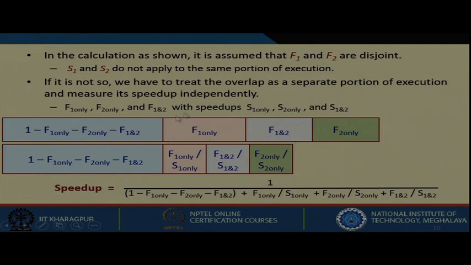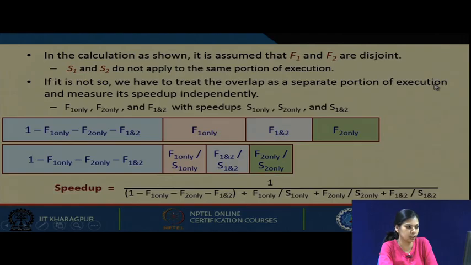Although we have a common part of both, F1 is here and F2 is also here, we have to take care of this. If it is not so, we have to treat the overlap as a separate portion as it is not disjoint. So, we have to take care of this part and this part separately.